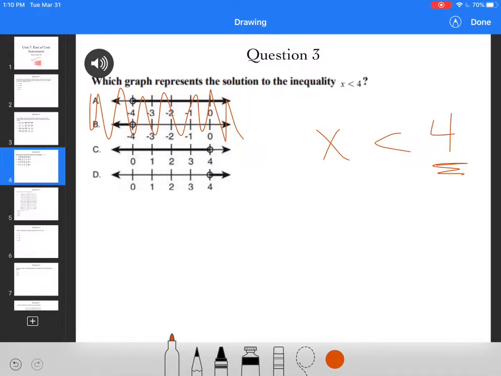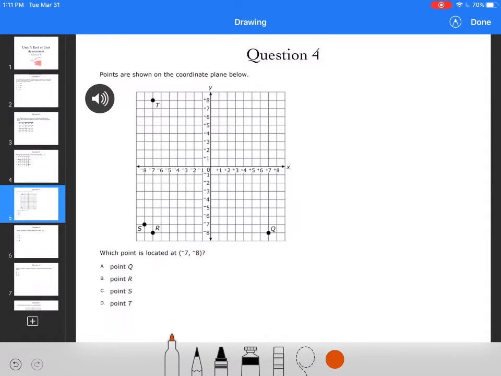Now, when I had a student teacher many years ago, they showed my class that this acts as an arrow. So x is less than 4. So less than, so that would be 3, 2, 1, and 0. So it would be C. D would be x is greater than 4.